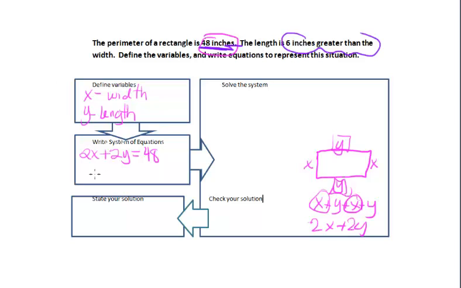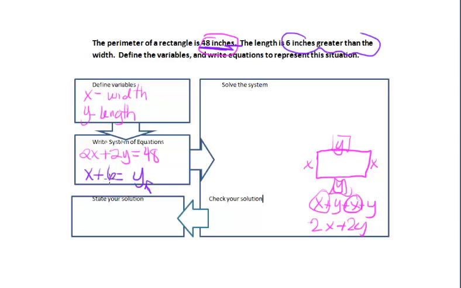If I had the width, what would I have to do to make them equal? We know the length is bigger, so if I add the 6 to the width, there's my equation: Y equals X plus 6.